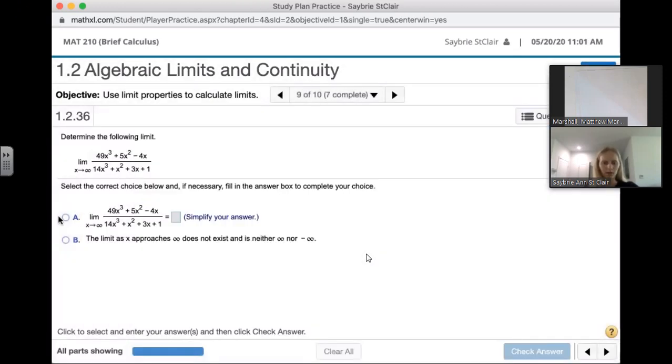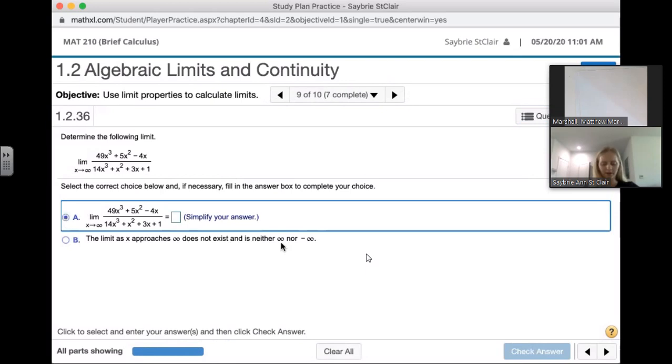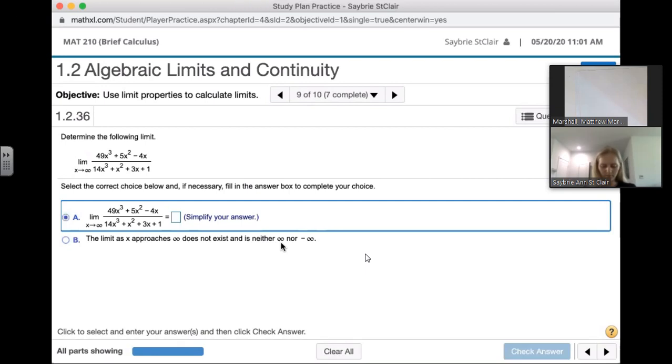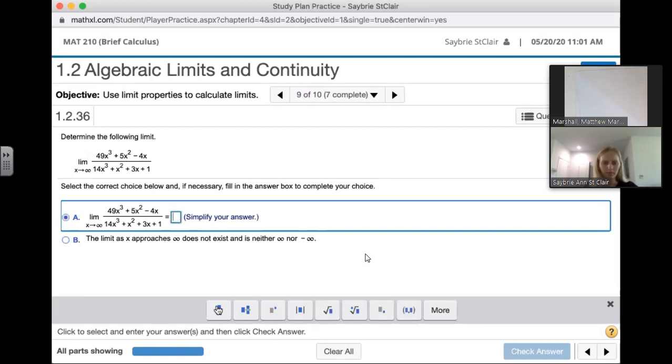So this one, just 49 divided by 14. So 3.5 right there. I'm not sure.